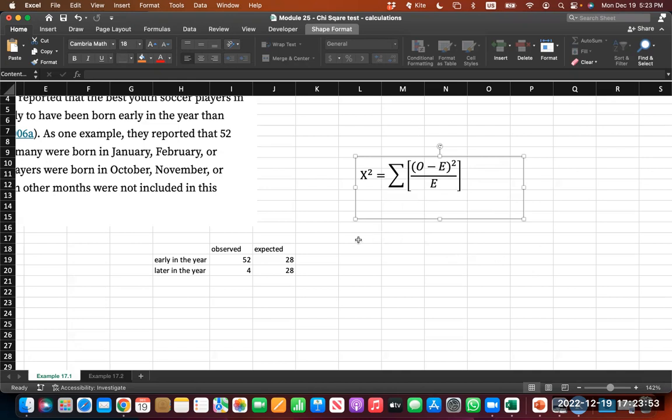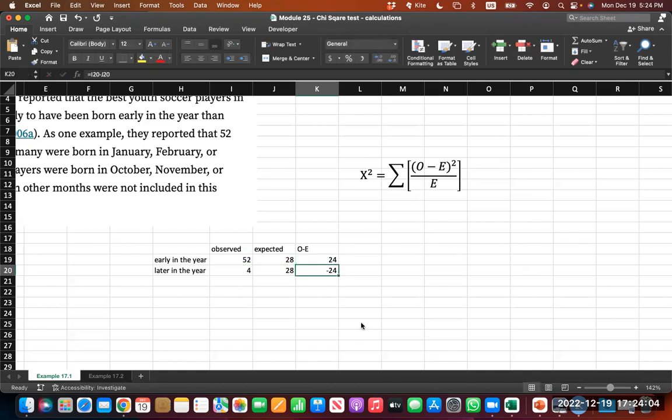You have observed minus expected, O minus E. That's 24 minus 24. Okay, simple. Now we have observed minus expected squared. That's nothing else but 24 squared, that's 576.